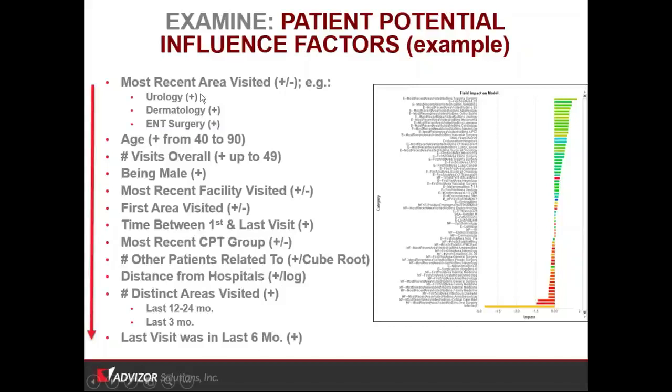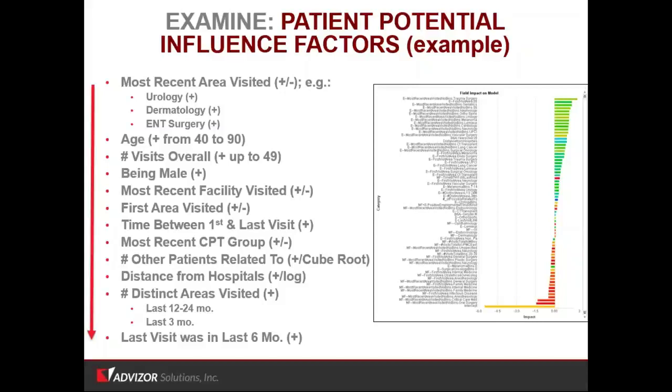Distance matters, and some of these are various versions of the area visited because the facility, you can sort of mop some of this up. The CPT is sort of related to the area, but conceptually I think about what they visited, some demographics on them, how many times they've visited, timing between the first and last, where they lived. That's generally there, and if it's at the detailed encounter level, which usually it is, we and others can bin it up into these kinds of metrics.